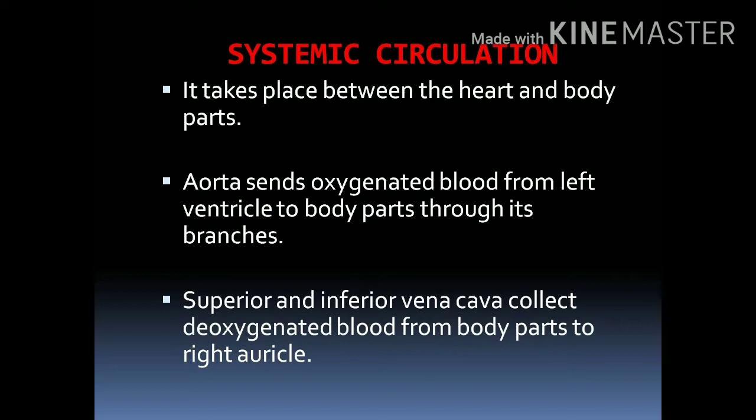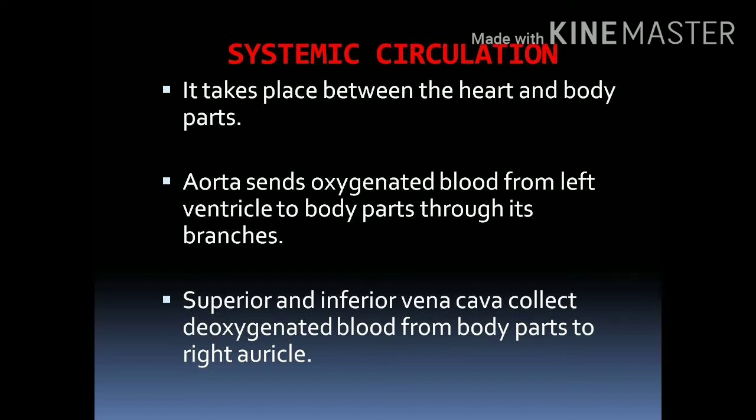Here, systemic circulation takes place between the heart and body parts. Oxygenated blood from the left ventricle through the aorta reaches the different parts of the body.